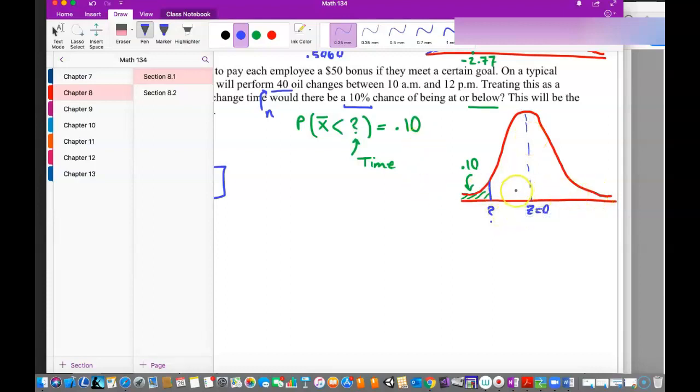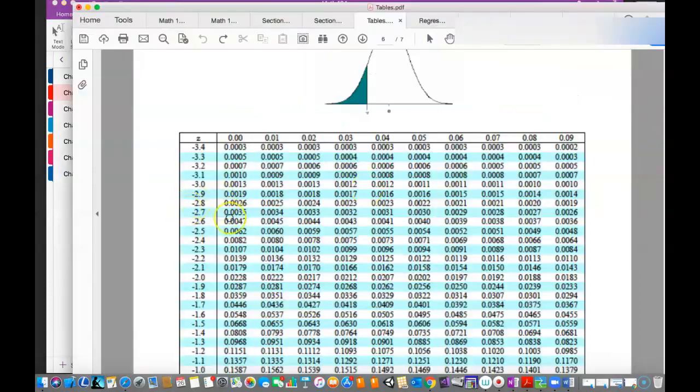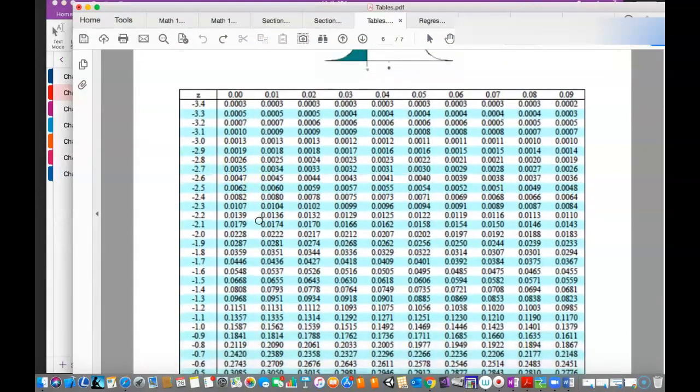On the right side we have positive, and on the left side we should have negative numbers. So for negative z, in the body of the table find 0.10, or the number that is closest to 10%.